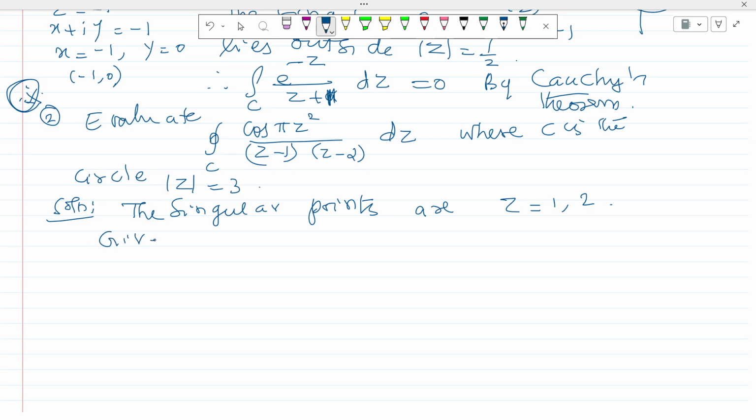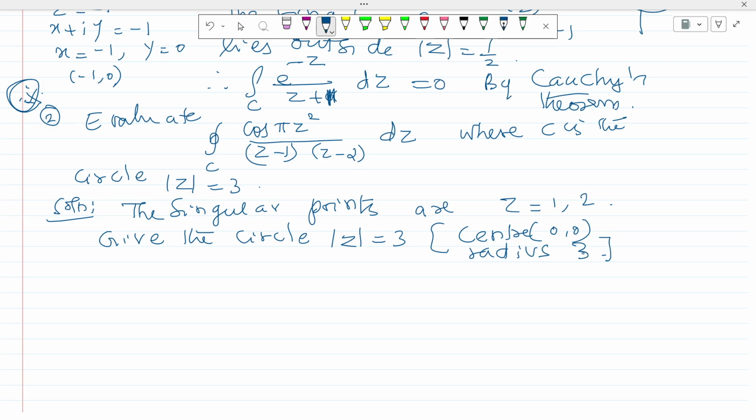Given the curve, the circle, what is given? Mod z equal to 3. Center is 0, 0 with radius 3. Radius is 3, not 1. Okay, fine.